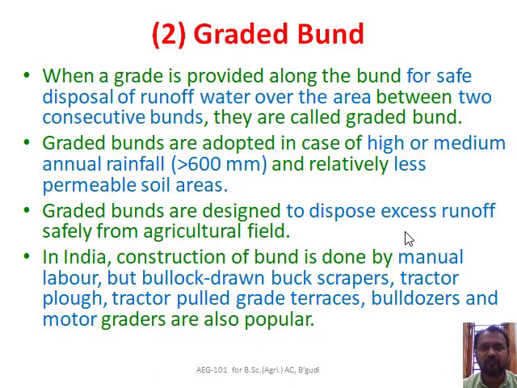Then we'll move towards the next type of bund, that is the graded bund. When a grade is provided along the bund for safe disposal of runoff water over the area between two consecutive bunds, they are called graded bunds. This type of bund is adopted in case of high or medium annual rainfall, more than 600 mm, and relatively less permeable soil areas.